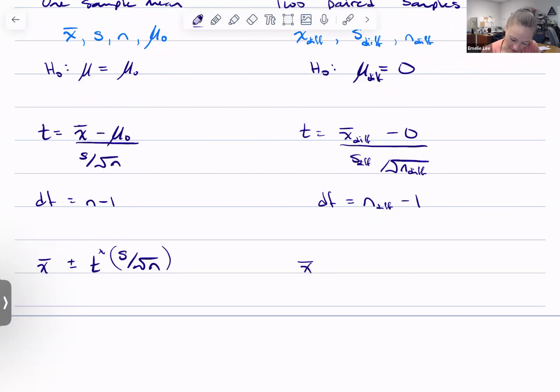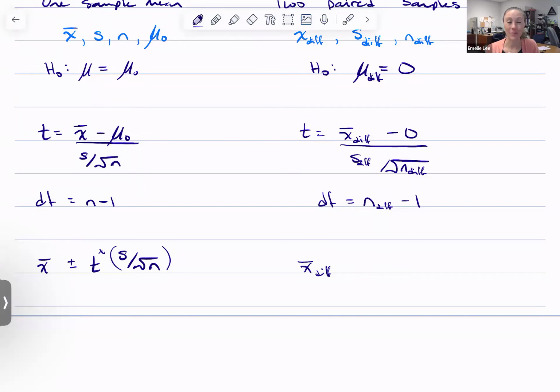And then your confidence interval for the mean difference. What we want to remember is that for the mean difference, the interpretation, we have to be really careful, because a negative difference means that the second value is larger than the first. Brand B was larger than brand A, for example.